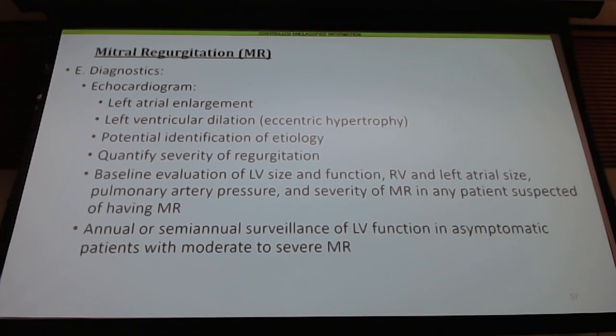Echo is going to be your test of choice because, one, you can appreciate the changes to the cardiac chambers themselves, but now you're also going to be able to measure the degree of regurgitation flow that is occurring. And what are the secondary consequences of having that flow going back? So echo will be your test of choice in this setting.